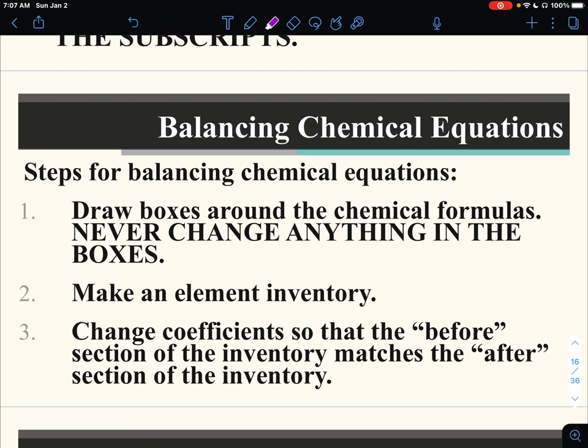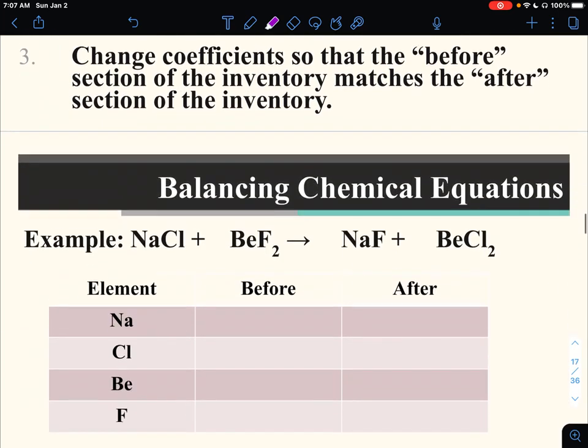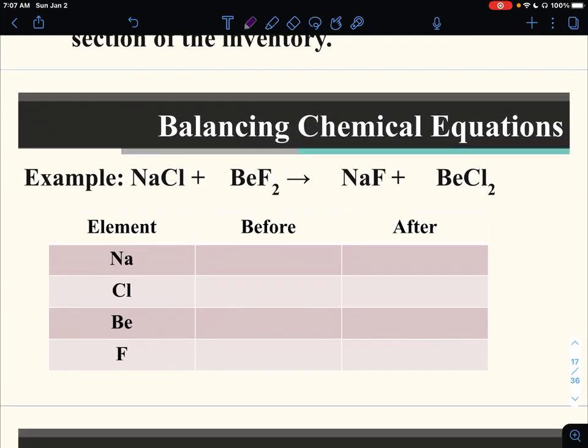That's going to be the first thing to go here. Once you get practice with this, you're not going to do that very often. Then you can make an element inventory and you change the coefficients on the reaction so that the before matches the after. Let's do a couple so that makes a little bit more sense. So the first thing I'm going to do is put boxes around my chemical formulas, so I know not to touch anything in there.